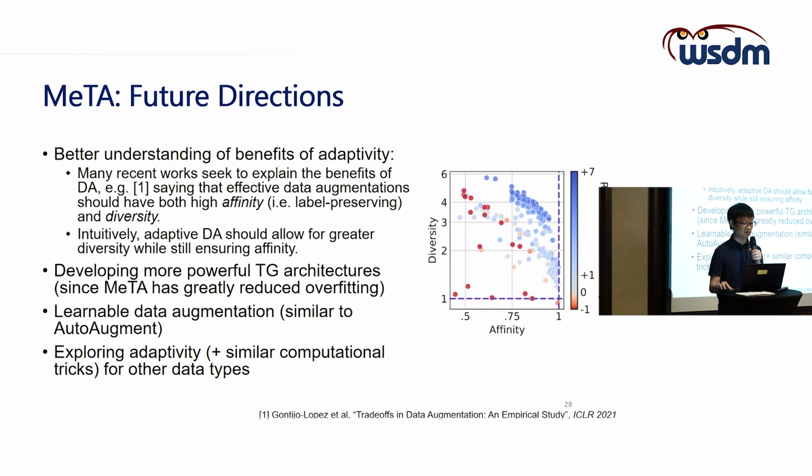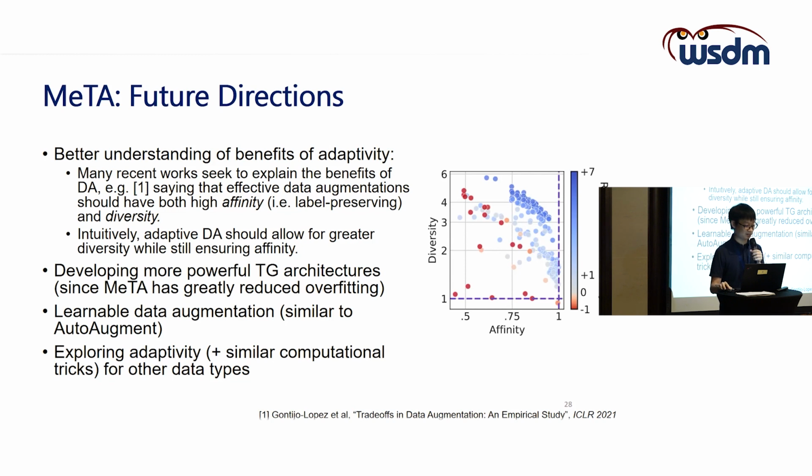And since we have greatly reduced the amount of overfitting, we would like to develop more powerful TGN architectures. As I said, since we have an understanding of how static graphs can be made more expressive, we would like to see how about the timestamps? How can we develop more complex functions that use the time information in a more flexible way?